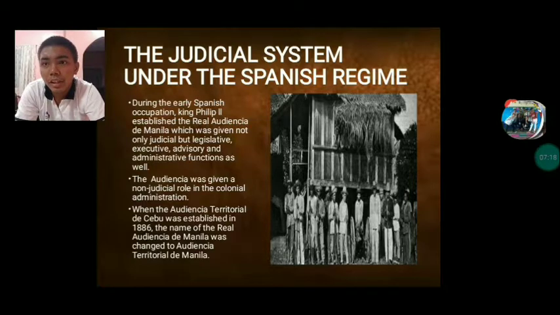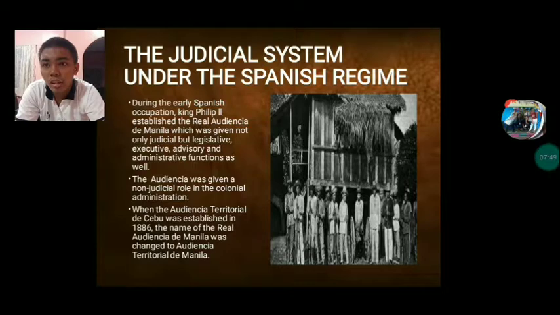During the early Spanish occupation, King Philip II established the Real Audiencia de Manila, which was given not only judicial but legislative, executive, advisory, and administrative functions as well. This audiencia was given a non-judicial role in colonial administration.